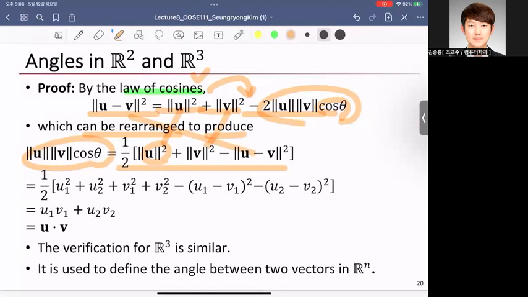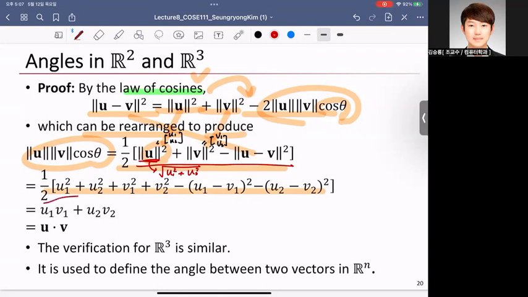It's very easy. And then, for example, if u and v are in R2 space, then we can rewrite this one as this one. Why? We already know the squared length of u is u1 squared plus u2 squared. So we can represent this one like this.